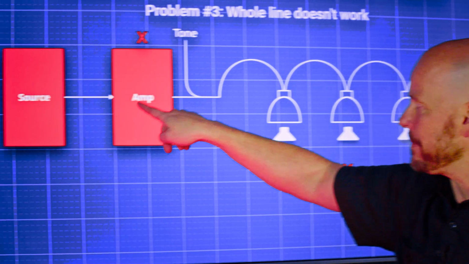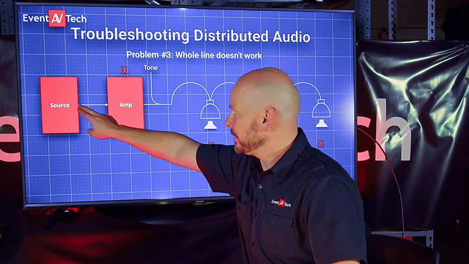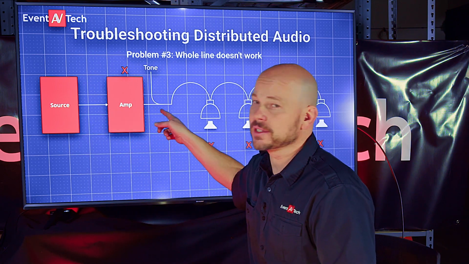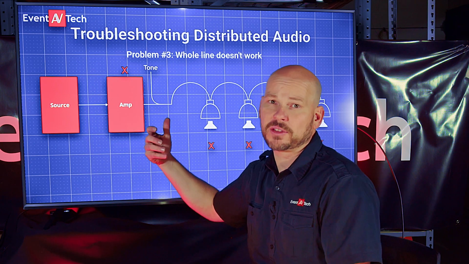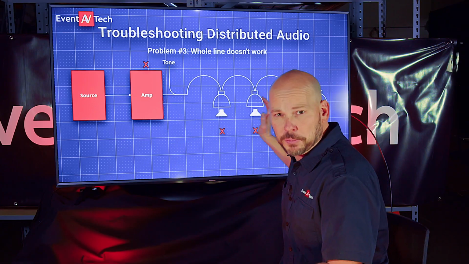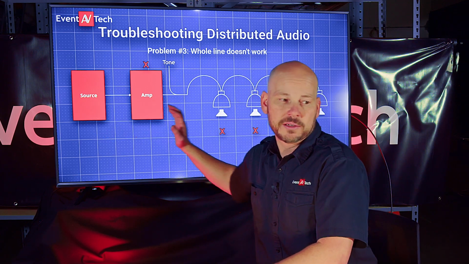Once I'm happy with my amp, then I'm gonna check at my source. That might mean I swap out sources to check to see if my amp is fine and it's receiving the right source and I've got signal down the line, okay? Once again, the principles stay the same. I'm starting with the problem and I'm moving my way down the chain.